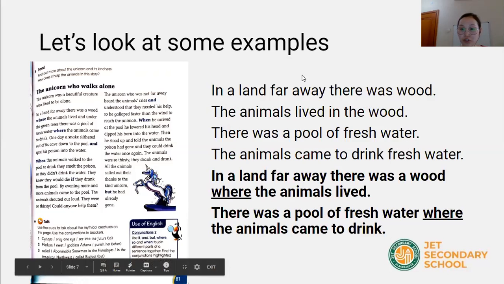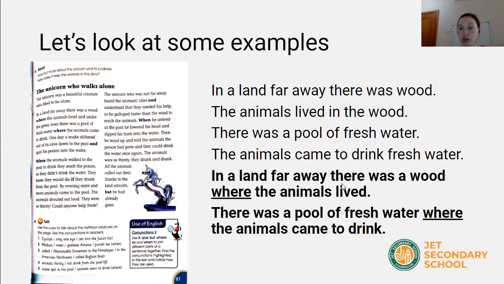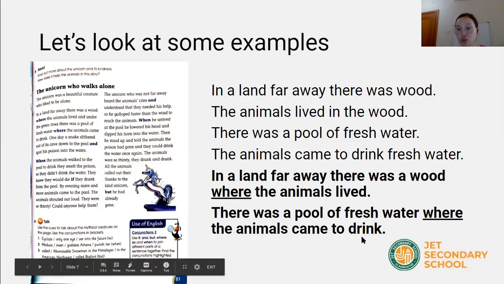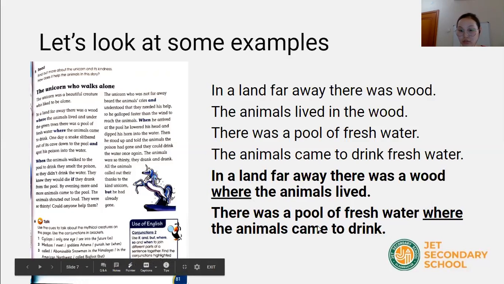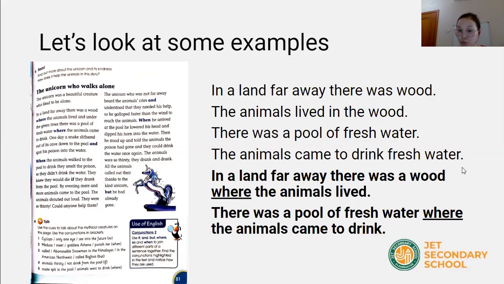For example, for the first two sentences, in a land far away, there was a wood where the animals lived. We used where to connect these two sentences into one whole sentence. There was a pool of fresh water where the animals came to drink. Again it is where that helps us connect the sentences. What kind of pool? The pool where the animals came to drink. What kind of wood?